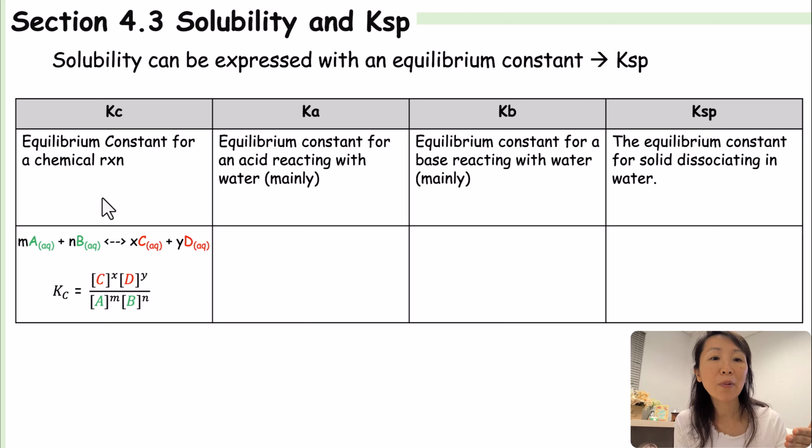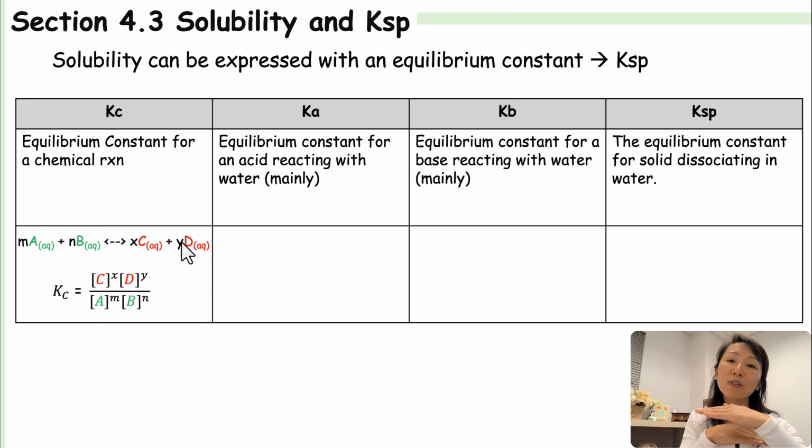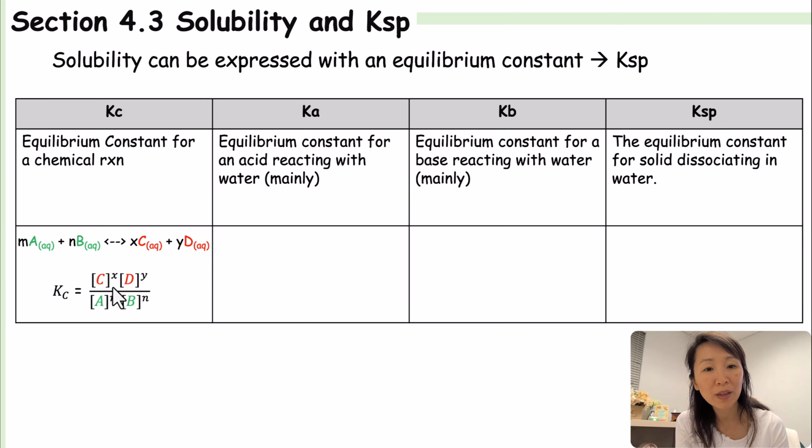Kc was where we had concentrations at equilibrium going in two different directions, one forward and one in reverse. At equilibrium, we were able to take the products over the reactants with appropriate exponents, coming from the coefficients, to write the Kc equation.